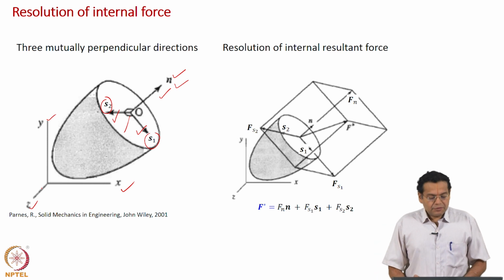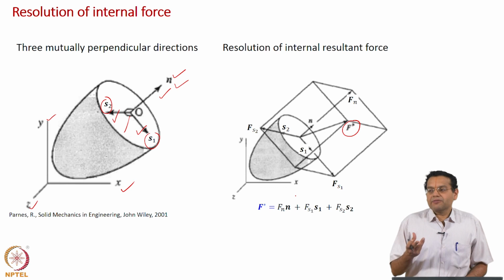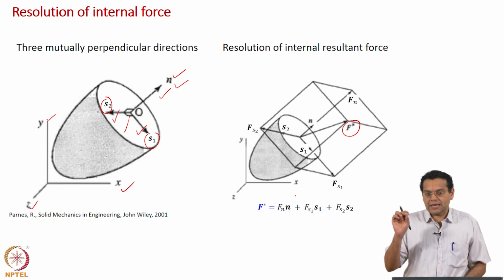Now, we will resolve our resultant force along these three mutually perpendicular directions, and that is what is shown on the right hand side. The force F star, we are resolving. How should you look at it? We are very familiar with the velocity vector. We know Vx, Vy, Vz, which means that velocity has been resolved along the x, y, z axes. Instead of the velocity vector, here we have the F star vector.